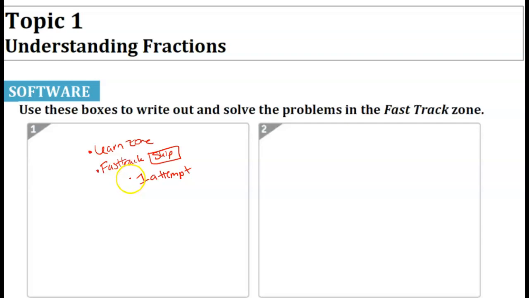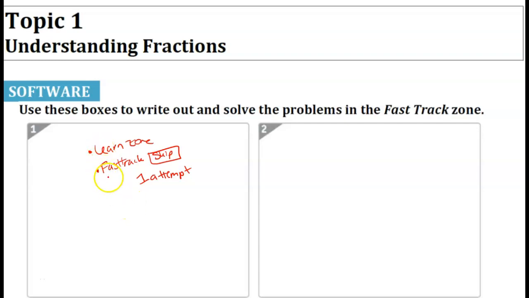Know that if you start in Learn zone, it will indicate like, hey, let's try the Fast Track. It seems like you're really understanding this concept. Let's go ahead and try it out. But you can always spend time. At some point, you will be asked in the Learn zone, hey, let's try the Fast Track. There is also a success zone that you'll have to complete before you can move on to the next topic. And that's where your software percentage lies.